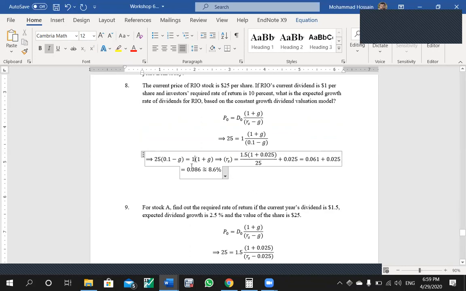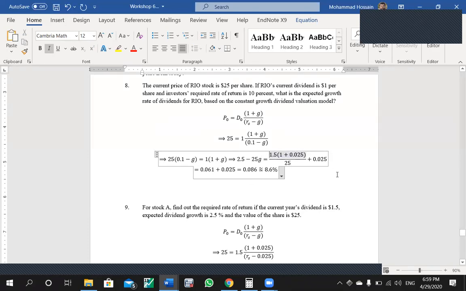So from here we cannot use it anymore. It will be 2.5 into 10%, which is 2.5. So 2.5 minus 25G is equal to 1 into 1 plus G.